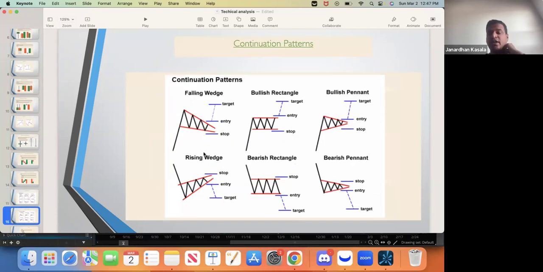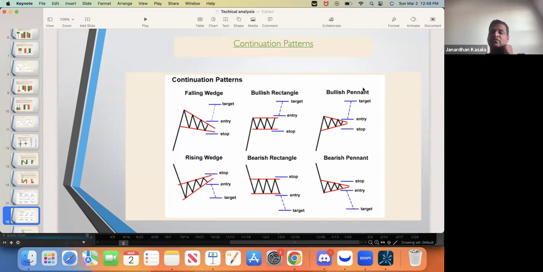And the continuation patterns. If you're in a bullish trend, you can call it a falling wedge or bull flag. It is trying to consolidate, and then break out and continue its trend. It is the same with a rectangle: you are in a bull trend, it forms a rectangle, and you continue your bull trend.